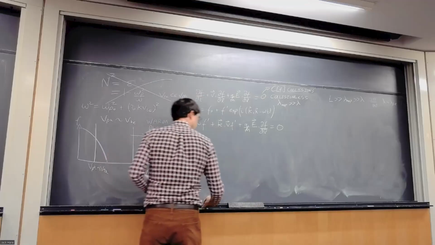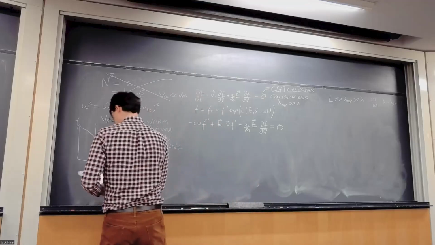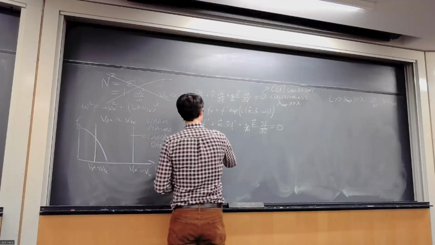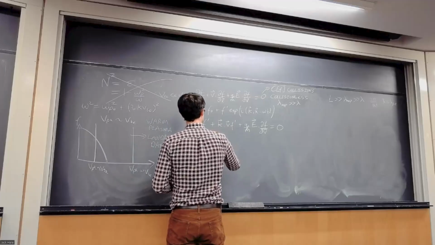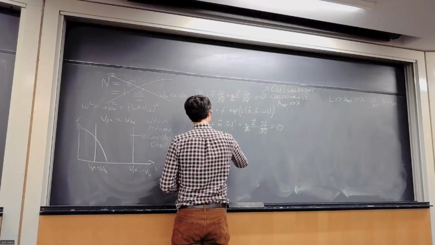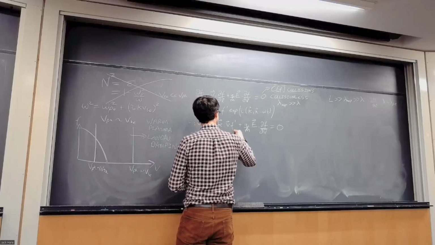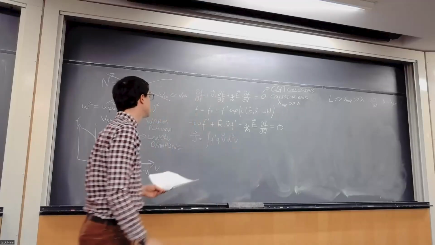And we can define a current, which is equal to this perturbed distribution function times the charge of the particles we're talking about times the velocity, integrated d3v.